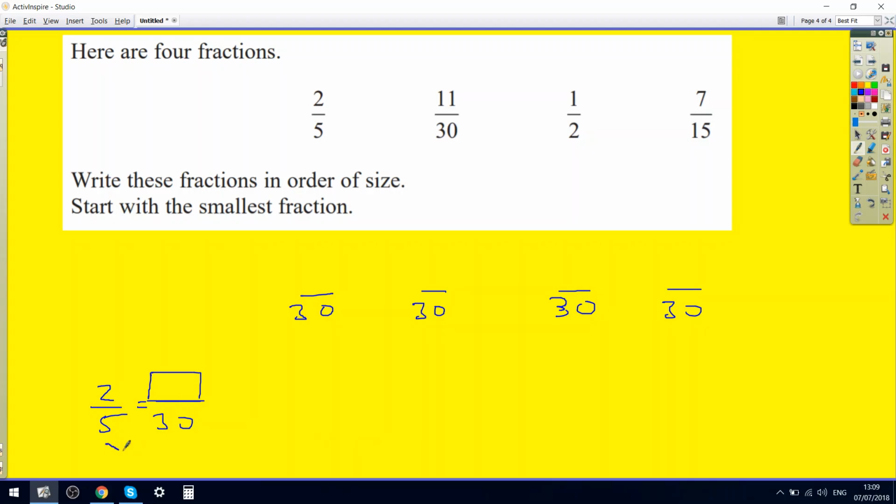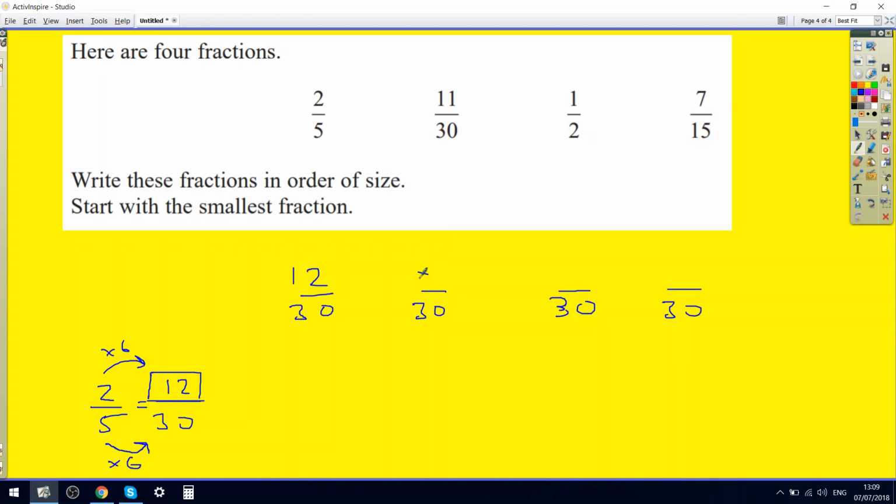What do you have to do to 5 to make it 30? You have to see what goes in. So what's 1/5 of 30? That's 6. So it'd be 12. Yeah, 12. Basically, times the bottom by 6, so times top by 6. Yeah. So that's 12 over 30. This one is actually already over 30, so that's fine.